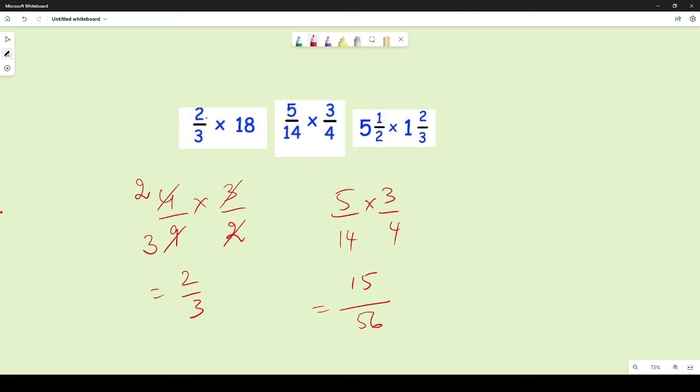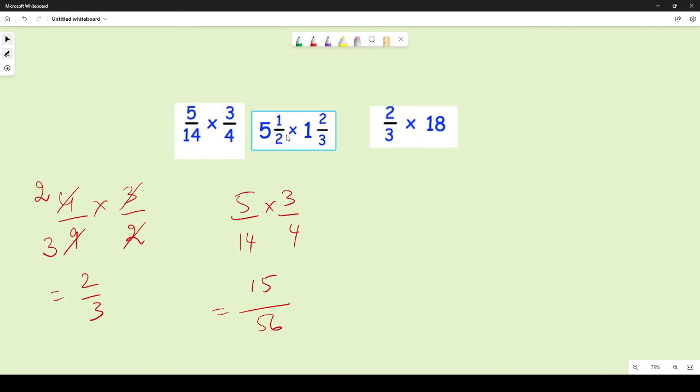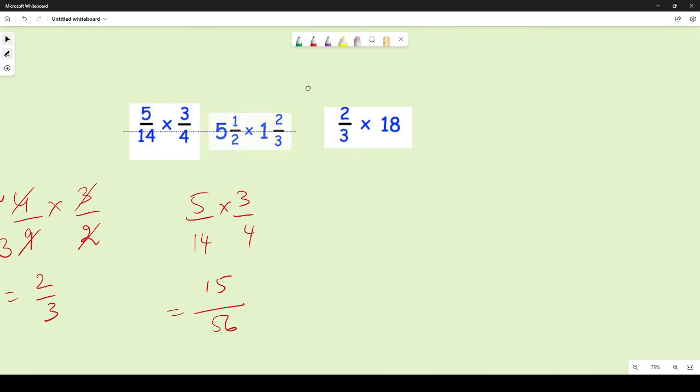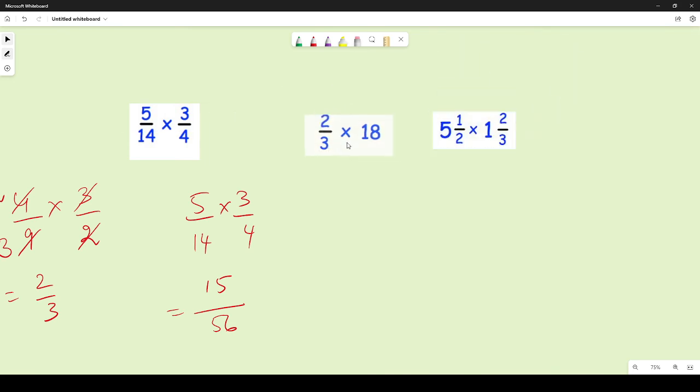Now what about this one? What about when we are solving this question? So how do we solve this? So if one is a fraction and the other one is a whole number, what do we do now? The whole number which is there, it is considered as the numerator.